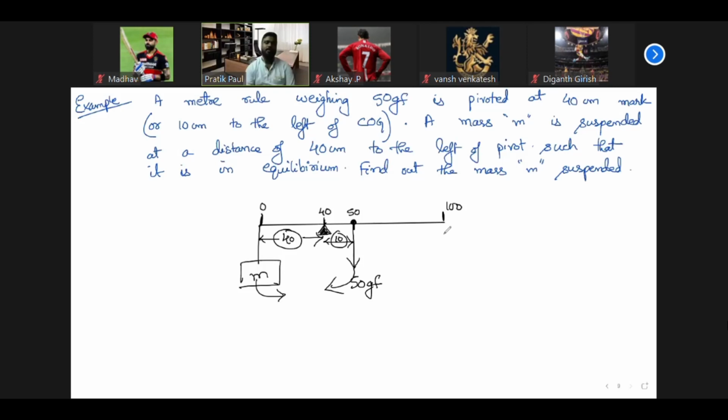So clockwise, anti-clockwise is the same calculation. So mass is equal to 12.5 gram, not gram force, 12.5 gram. Any doubts? No.